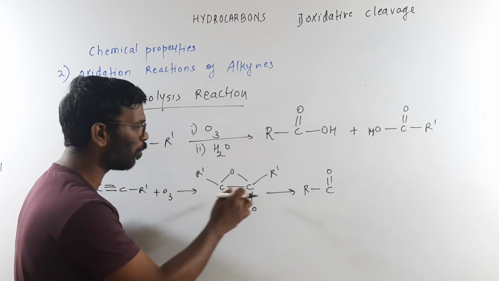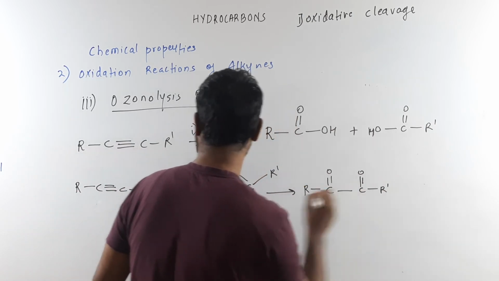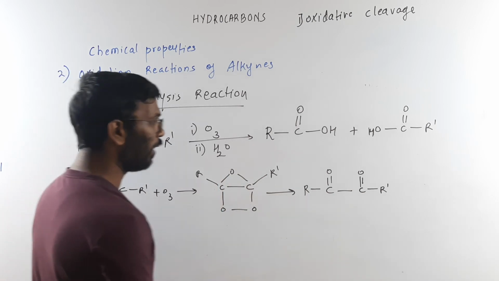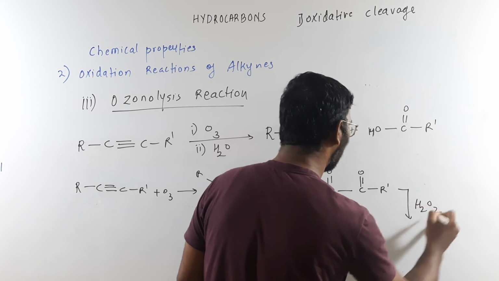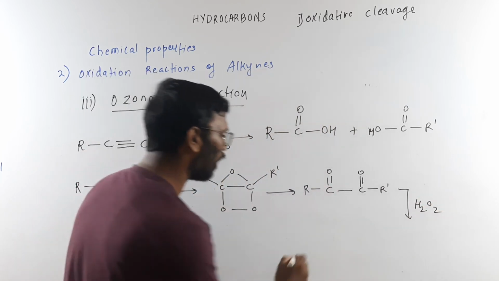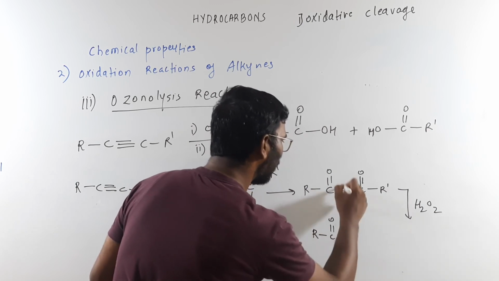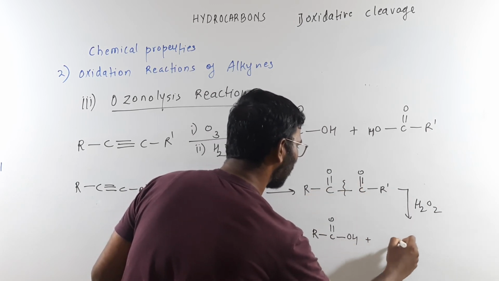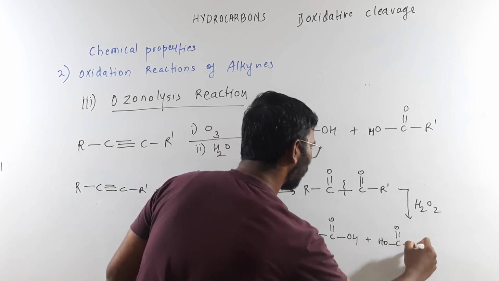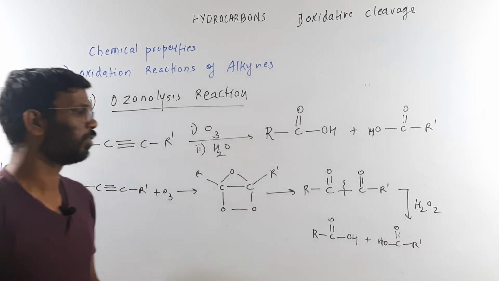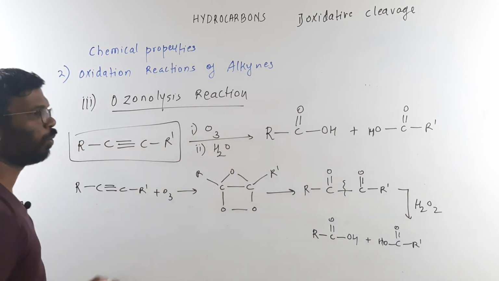Since there is one extra bond here, we get a connected structure. Further, H2O2 will oxidize this to a carboxylic acid, R COOH. This bond will break, and you are going to get two carboxylic acids, depending upon what type of alkyne you have taken.